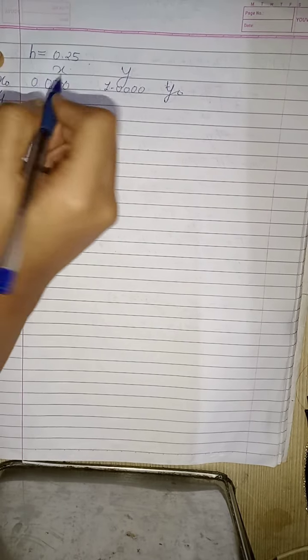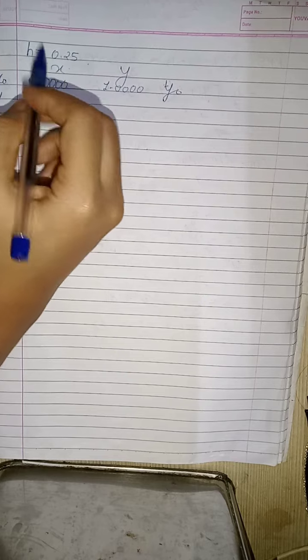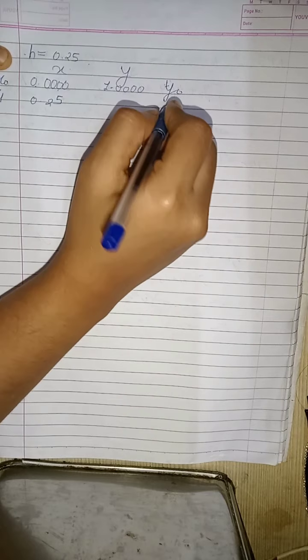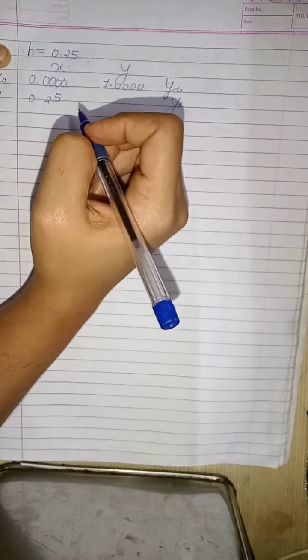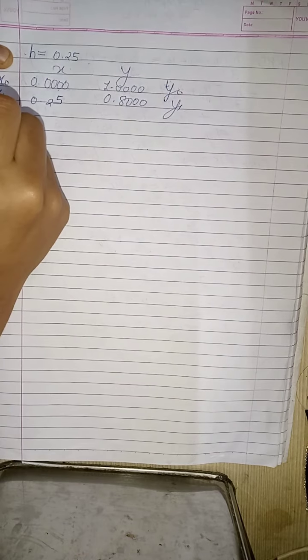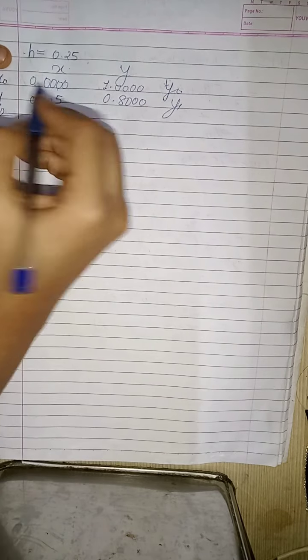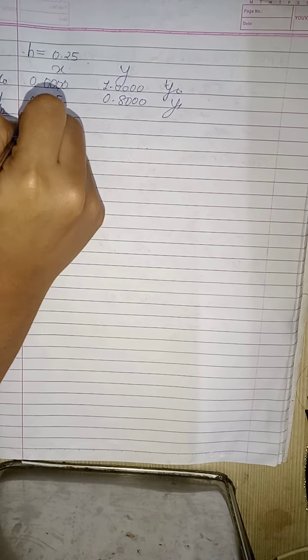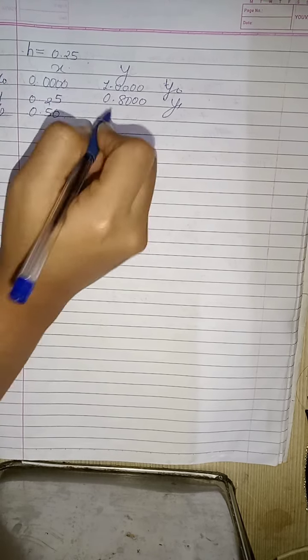Now x1 will be the addition of h to x0, so you'll get 0.25. The respective value of y, that is y1, is 0.8000. Next value is x2. Adding h to x1, you'll get 0.50.